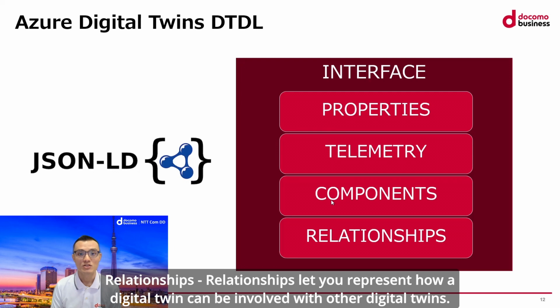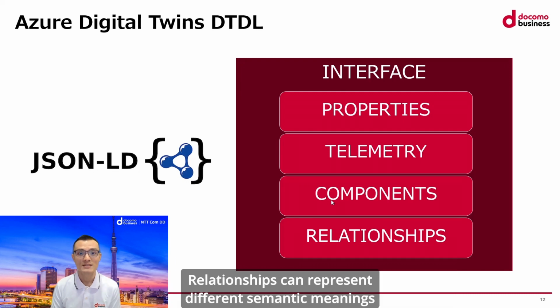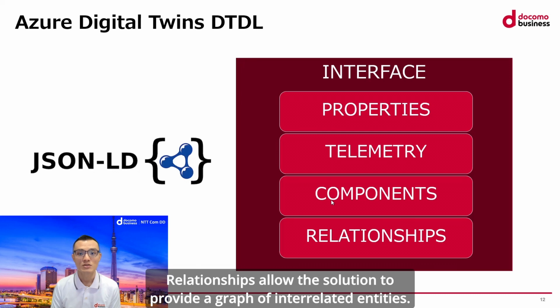Relationships. Relationships let you represent how a digital twin can be involved with other digital twins. Relationships can represent different semantic meanings such as contains floors, contains rooms, etc. Relationships allow the solution to provide a graph of interrelated entities.